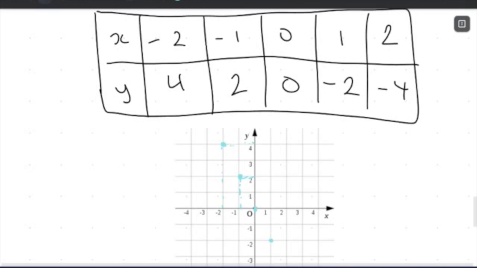So connecting a line through each of these points, well, we get, I'll write this equation in, y equals -2x. I'm going to have a different type of line happening.